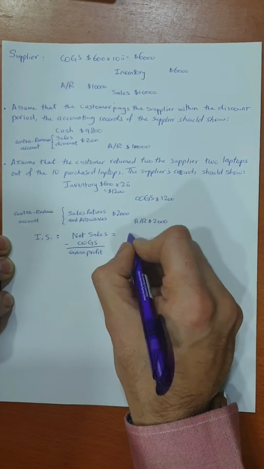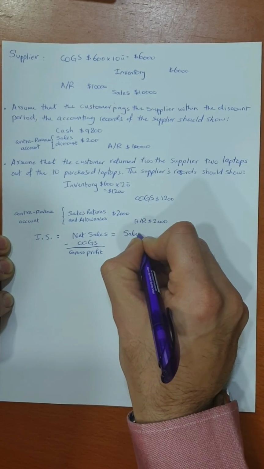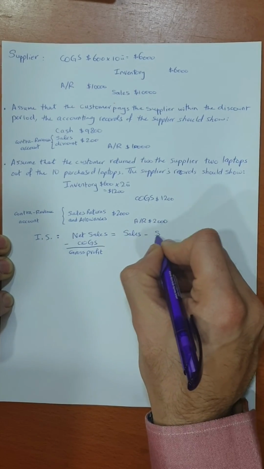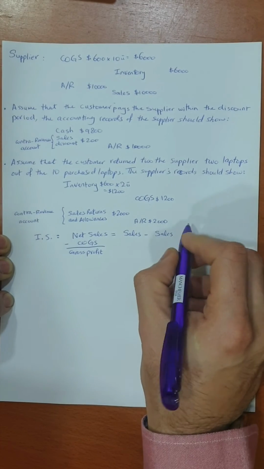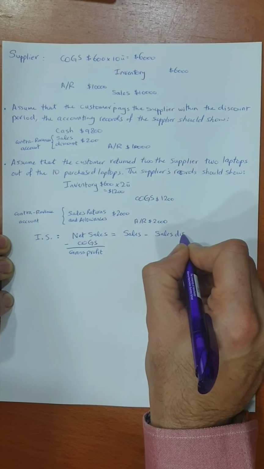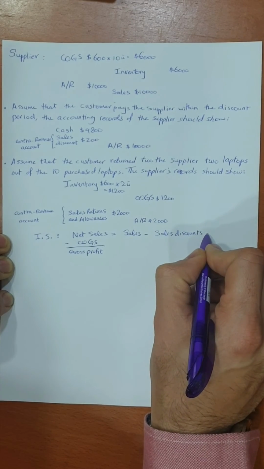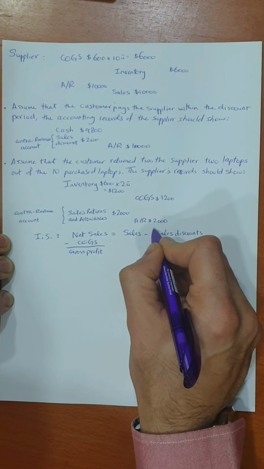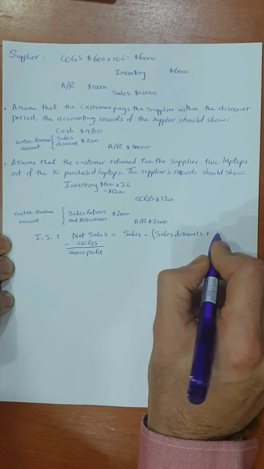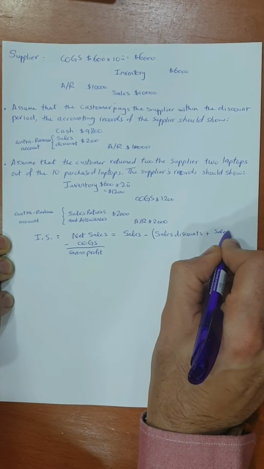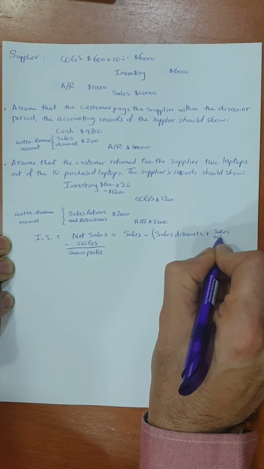Now this net sales figure is equal to sales minus any sales discounts and sales returns and allowances.